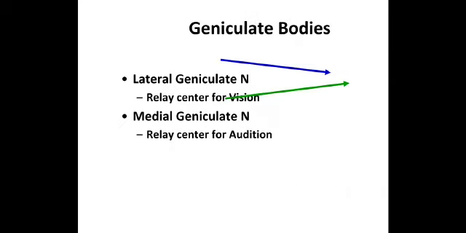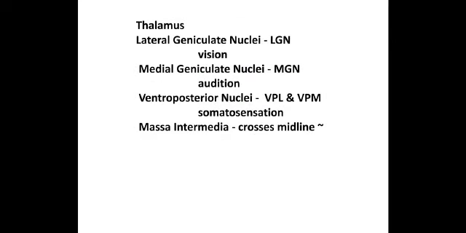As you all know, the geniculate bodies are relay centers for vision. The medial geniculate is also the relay center for audition. The thalamus has lateral geniculate nuclei and medial geniculate nuclei; the lateral geniculate nucleus is concerned with vision, and the medial geniculate nucleus is concerned with audition.